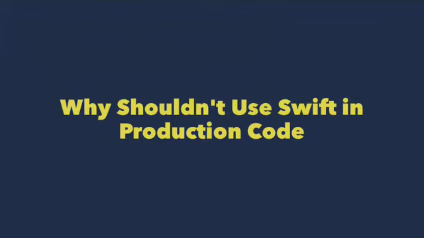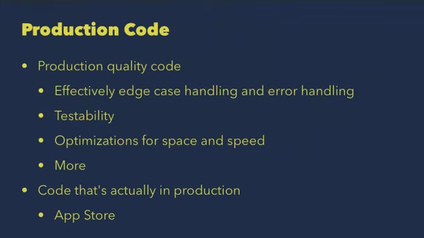So with that being said, let's talk about why we shouldn't use Swift now. Maybe I should explain what production code I'm talking about. Production code, in my opinion, has two meanings. First of all, it's production quality code.